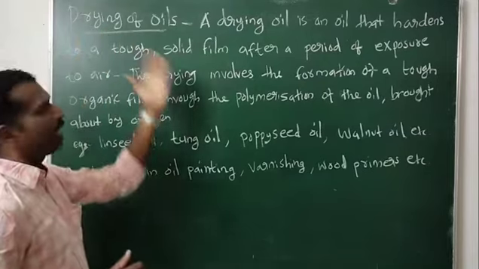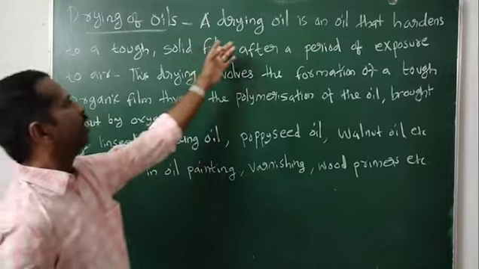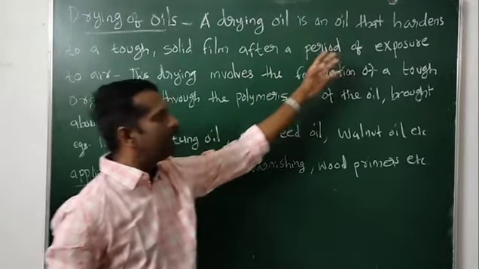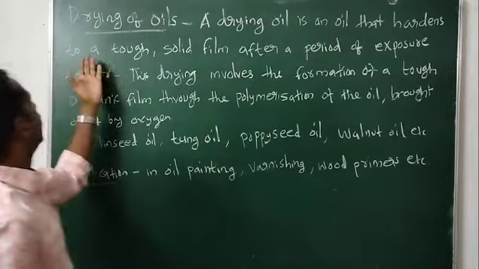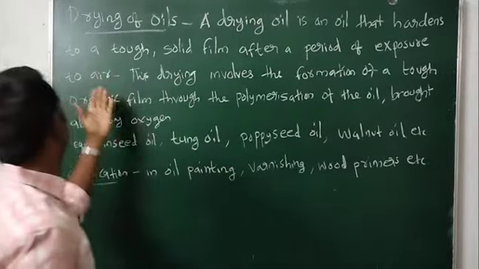Drying of oils. What is a drying oil? A drying oil is an oil that hardens to a tough solid film after a period of exposure to air.